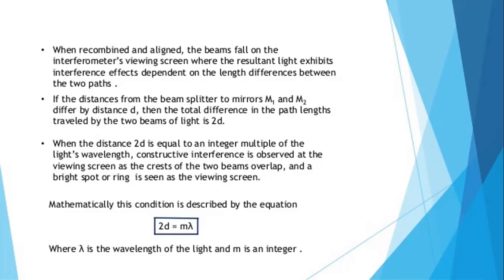When the distance 2D is equal to an integer multiple of the light's wavelength, the two beams overlap. So only when the distance to mirror 1 and mirror 2 changes does this condition apply. The condition is 2D equals m lambda, where lambda is the wavelength of light and m is an integer.